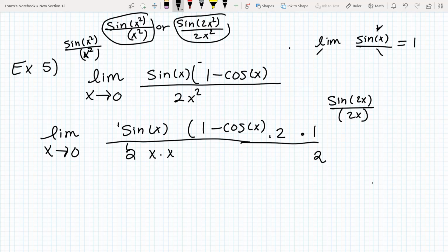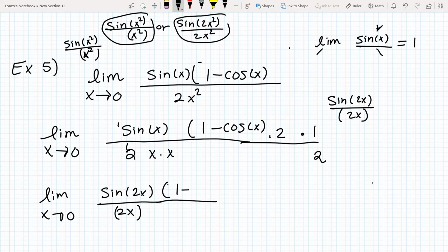So this would be the limit as x approaches 0 of sine of 2x over 2x times 1 minus cosine of x. And then there's a 2 on the bottom here, right? Good. Okay, now we're getting there.